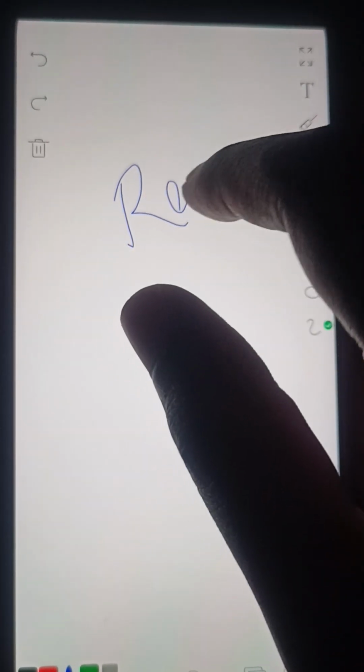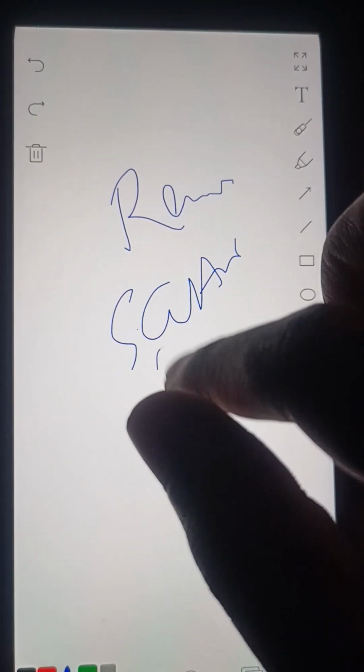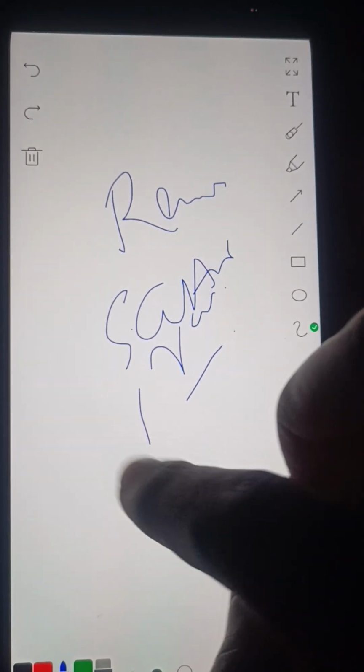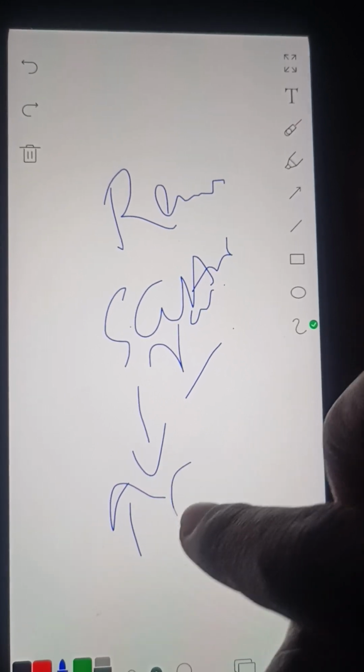So what is the main function of grid? It removes scatter radiation, and it improves contrast.